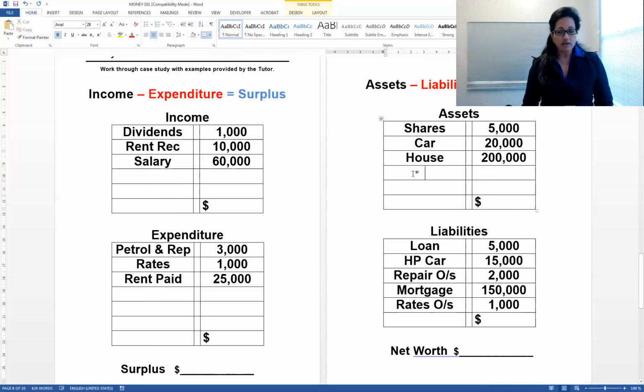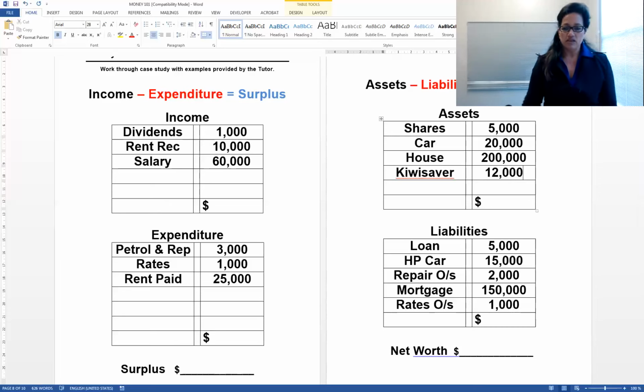But as we know, KiwiSaver funds that she's put money into, and then her employer puts money into for her, are all hers. She owns it. So we put it as an asset. She knows her balance. The KiwiSaver is $12,000. So put that as an asset over there of $12,000 for KiwiSaver.